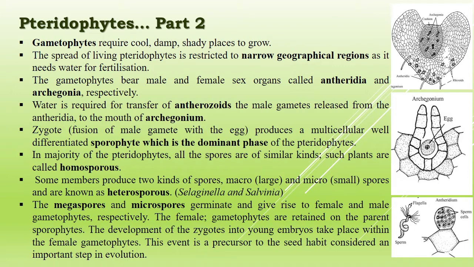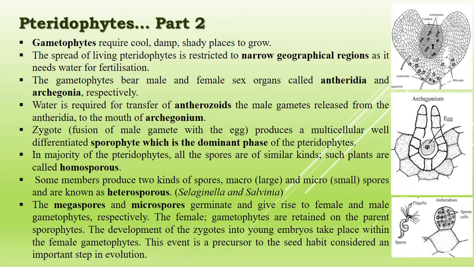The development of the zygote into the young embryo takes place within the female gametophyte. This event is a precursor of the seed habit, that is, the tendency towards seed formation. Therefore, it is considered an important step in evolution. Hence, heterospory leads to seed habit in plants.